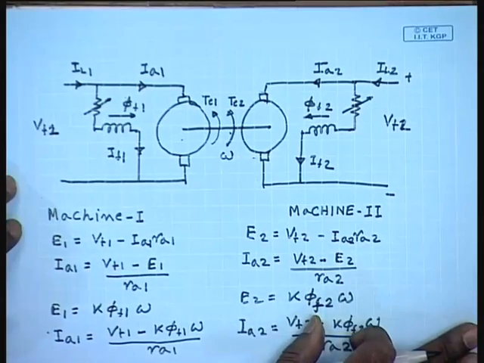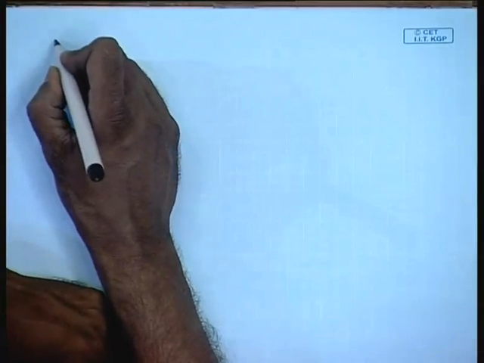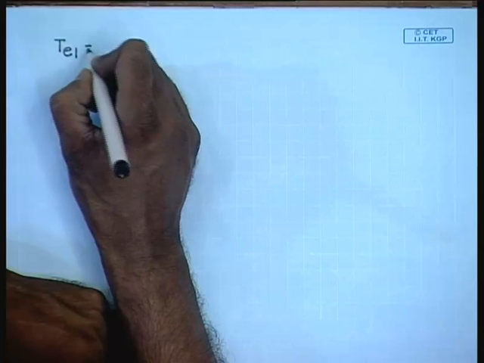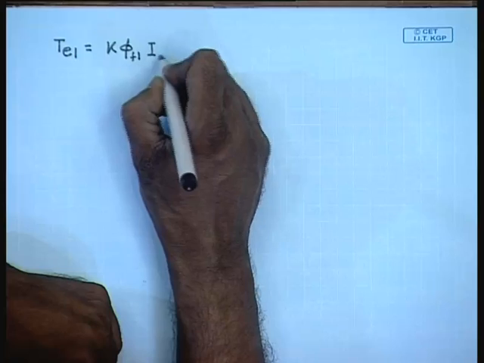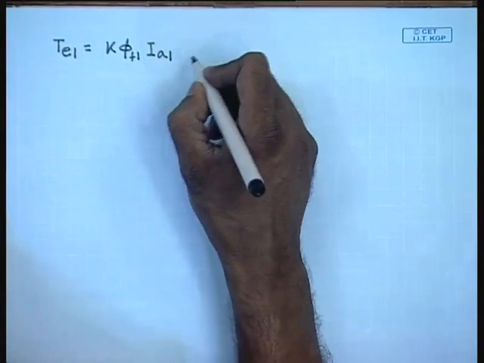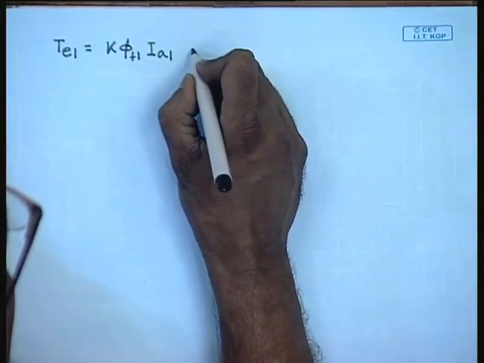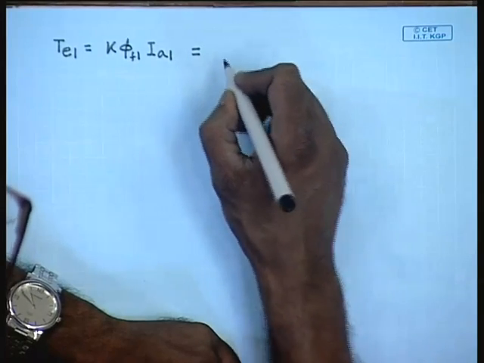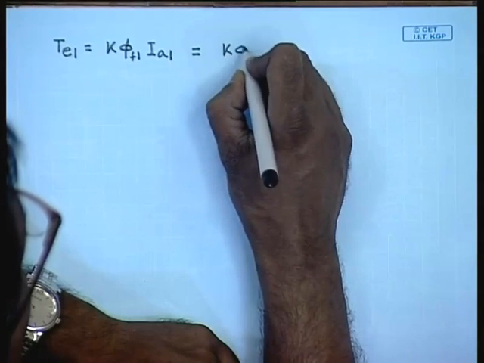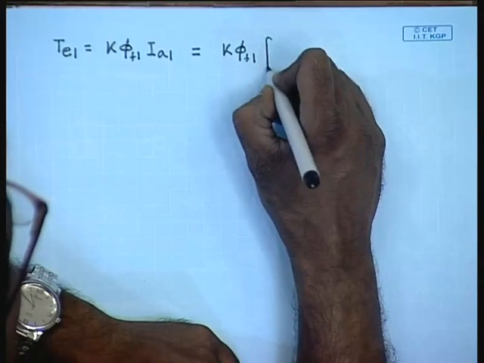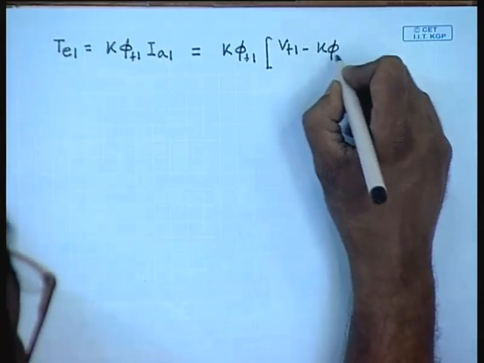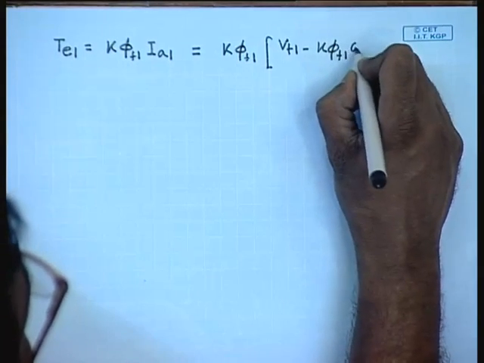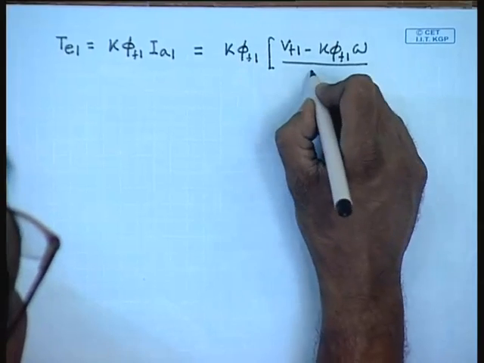Now, what are the torques Te1 and Te2? Te1 is K phi f1 Ia1, which is equal to K phi f1 times Ia1, and Ia1 is given by Vt1 minus K phi f1 omega by Ra1.